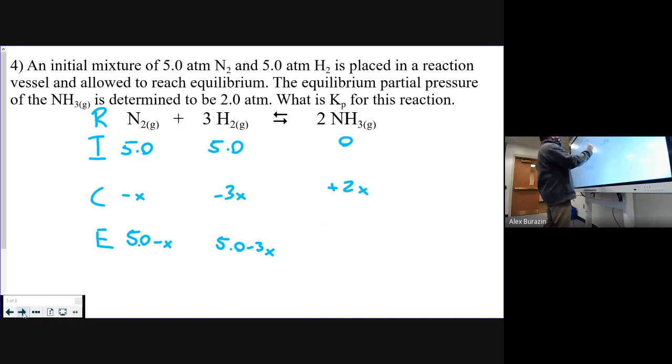I shouldn't fill these in yet, but we'll leave it like it is. It's okay, we know what X is. Because 2x equals 2, right? Yeah.